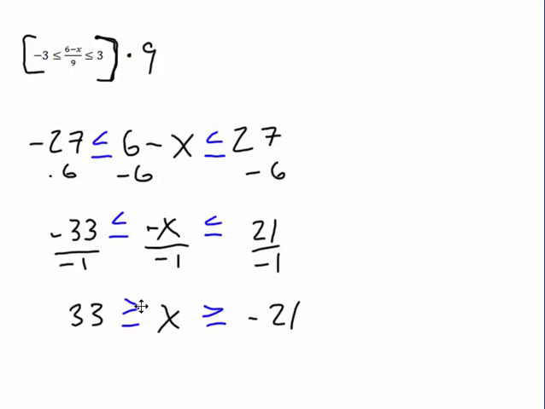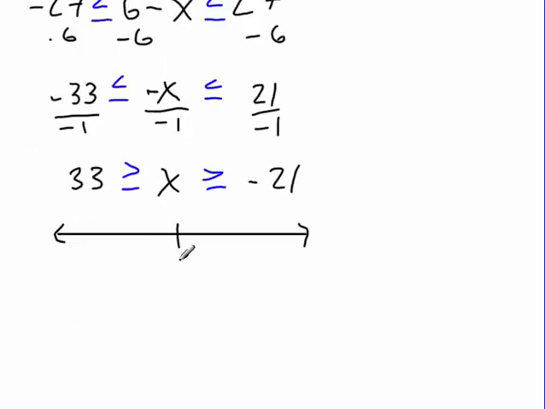And now I can see that x is somewhere in between negative 21 and a positive 33. Right? 33 is greater than or equal to x, which is greater than or equal to negative 21. Here we want to have a 0 again when we graph our solution set. Negative 21 is going to be over here, and positive 33 is going to be over here.